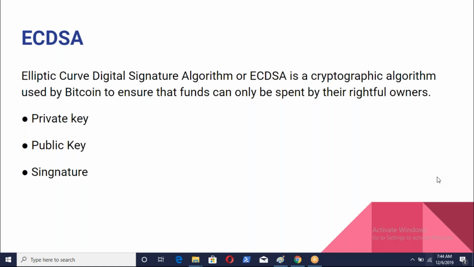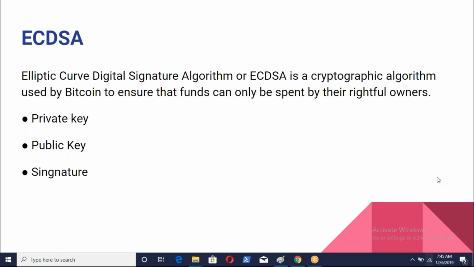In that case, the algorithm has to check whether this person has the 1 Bitcoin or not, and whether the person sending it is the rightful owner or not. That is what we have to check before sending it, once the transaction is initiated.